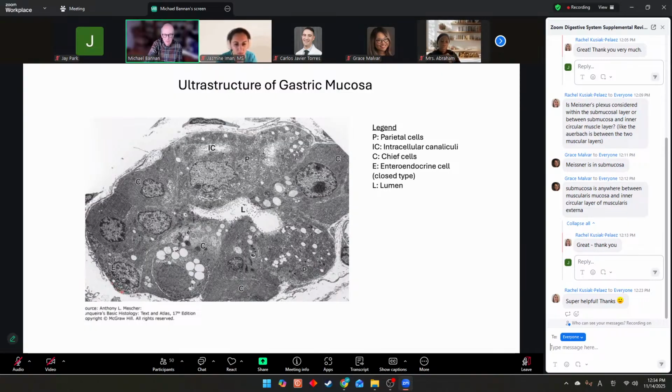And remember, function often dictates form, right? And if you compare, remember the chief cell is basically secreting its product into a lumen on the apical side of the cell. So its secretory granules are on the apical half of the cell. But in contrast, the enteroendocrine cell is an endocrine cell. So it produces products that it secretes through the basal membrane into the bloodstream. So its granules are on the basal half of the cell. Okay?